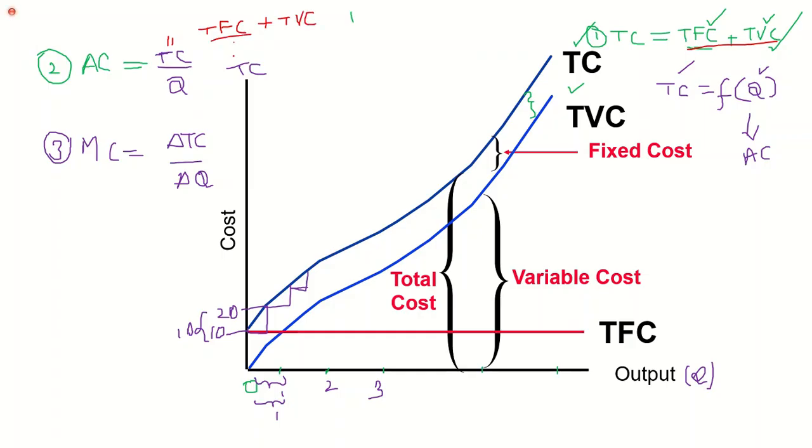You can divide both of these by Q. If you divide both these here, you get average fixed cost. And dividing total variable cost by Q gives the average variable cost.